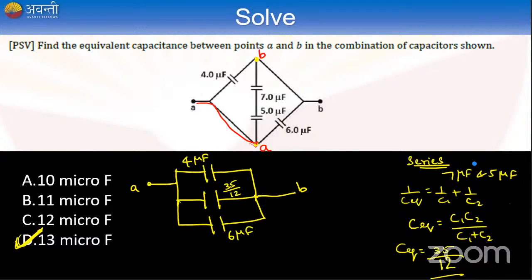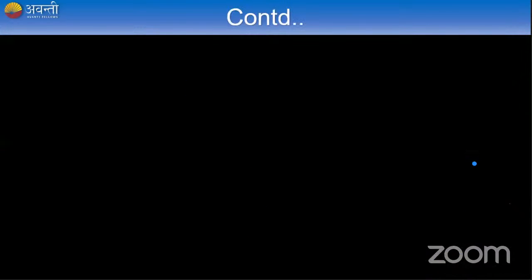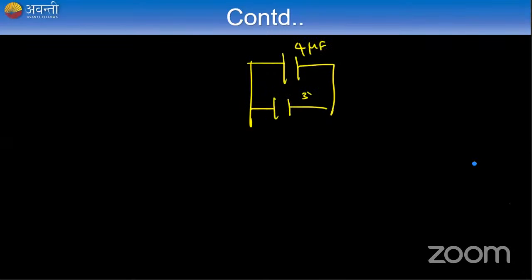Now try to add all these three and you'll get the answer. The net capacitance C effective is 4 microfarad plus the others. We had three capacitors connected in parallel: one is 4 microfarad, one is 35 by 12 microfarad, and one is 6 microfarad.